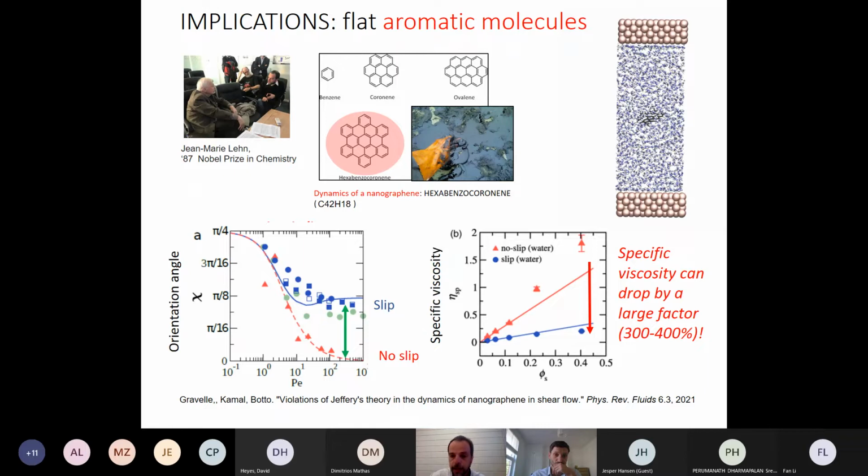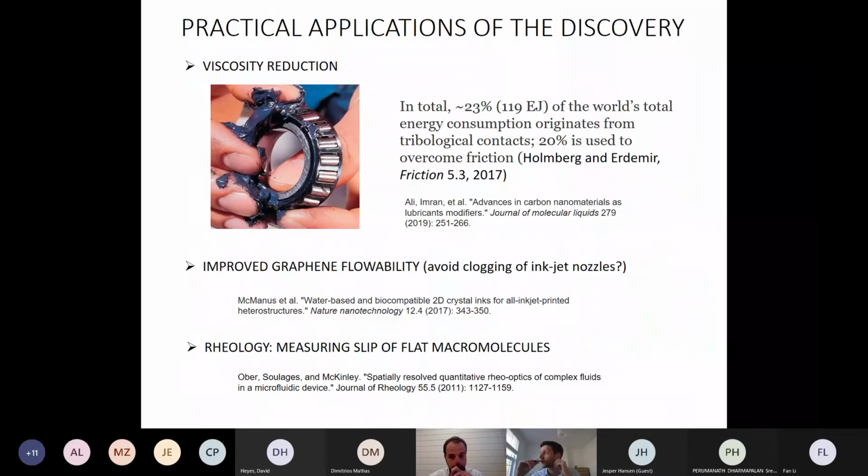So a very significant effect that is due both to a reduction in friction on the particle surface, but also to the fact that a particle that is stably aligned disturbs the flow much less than if the particle was continuously rotating.